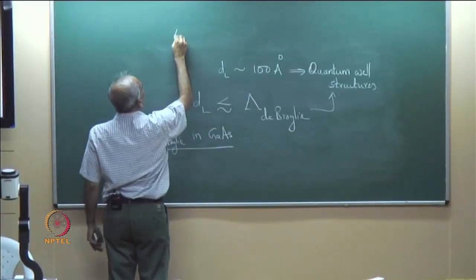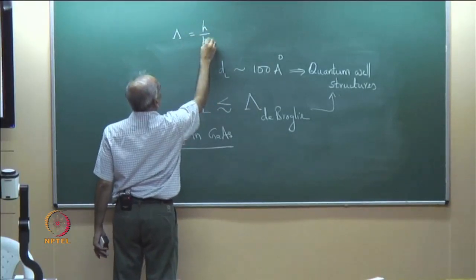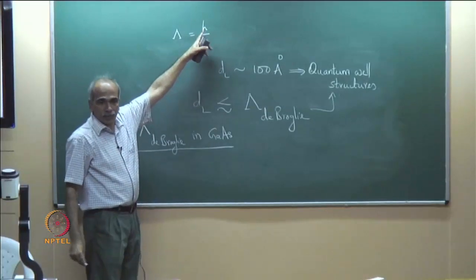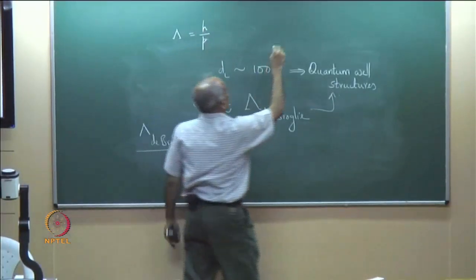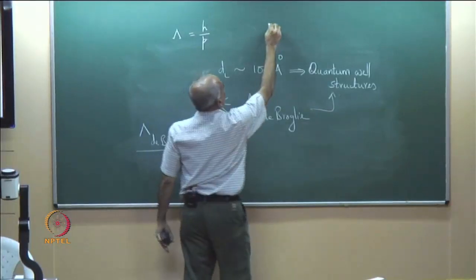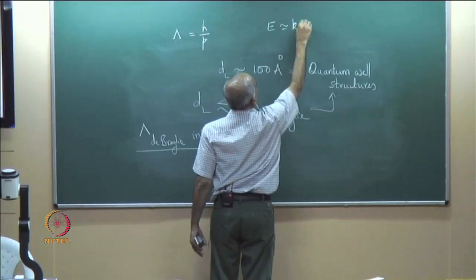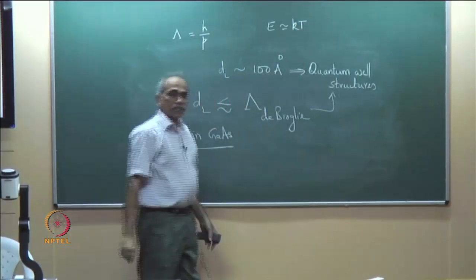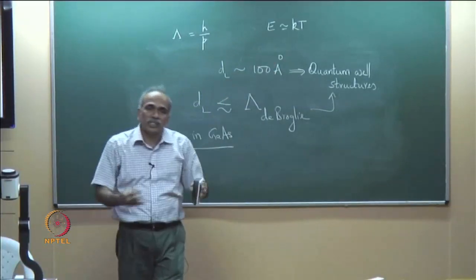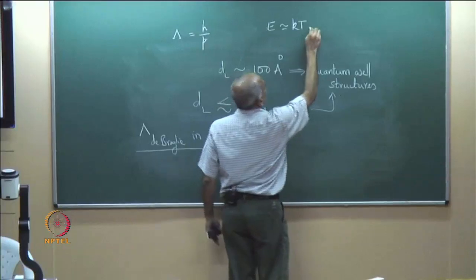We know that lambda is equal to h by p, where p is the momentum and h is Planck's constant. The thermal energy of electrons, E, is of the order of kT. Corresponding to these thermal electrons, I want to find the corresponding de Broglie wavelength.